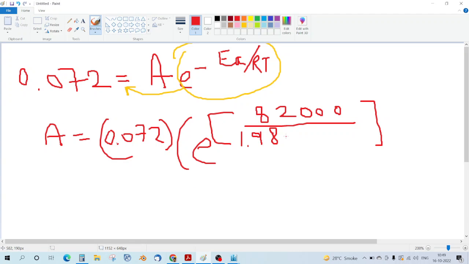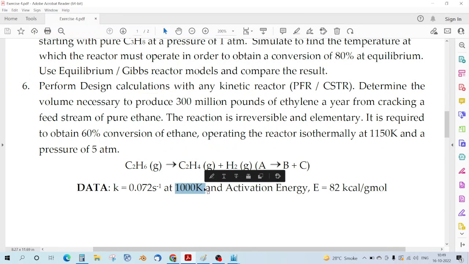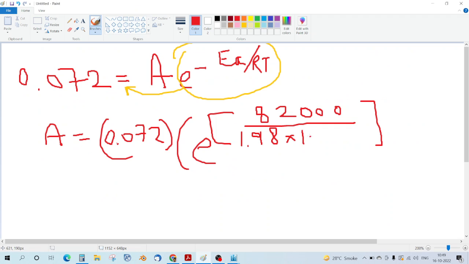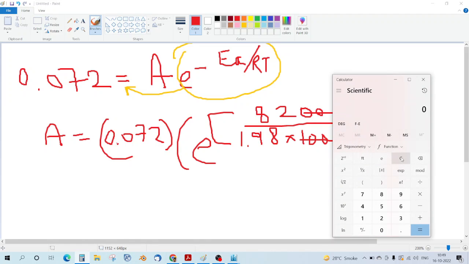So 1.98 is good, and into 1000, since it's given at 1000 Kelvin. So this 1000 and this cancel out. Let's calculate this part. So 82 divided by 1.98, that's 41.4141.